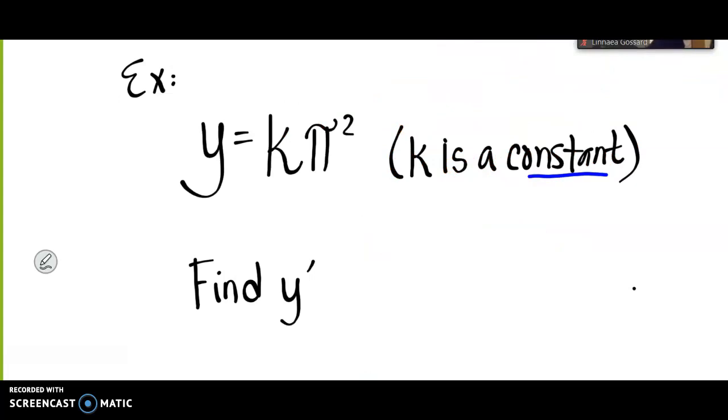All right, let's look at this. If k is a constant and you have a function y equals k times pi squared, what would y prime be? Anybody have any idea? Kind of a tricky one.